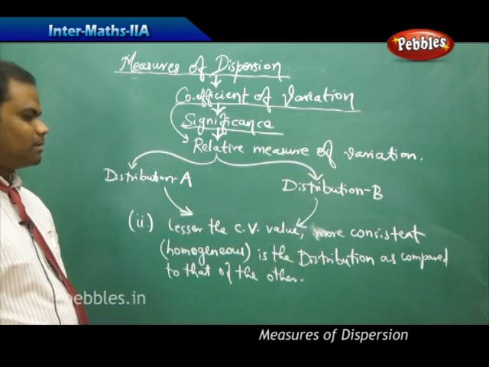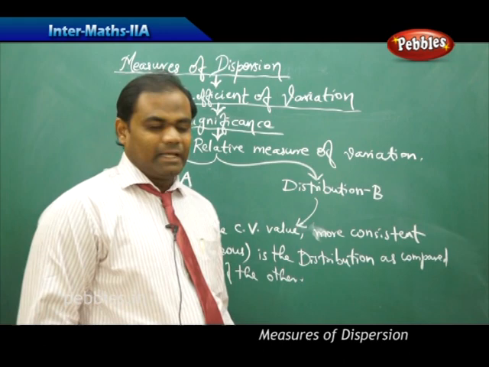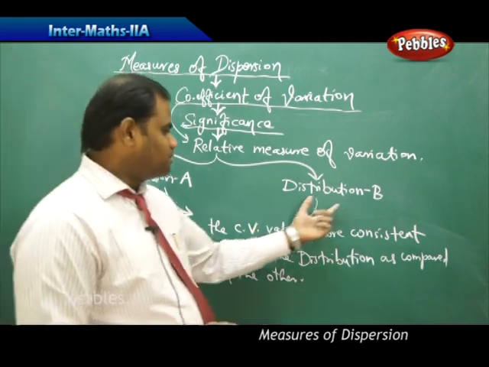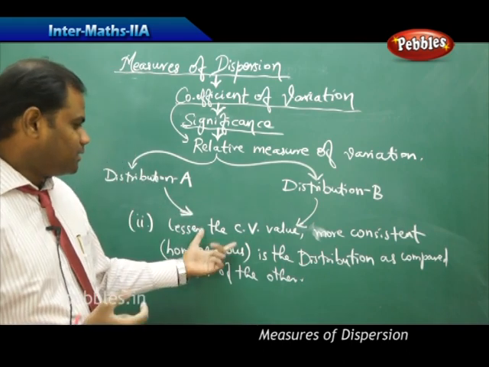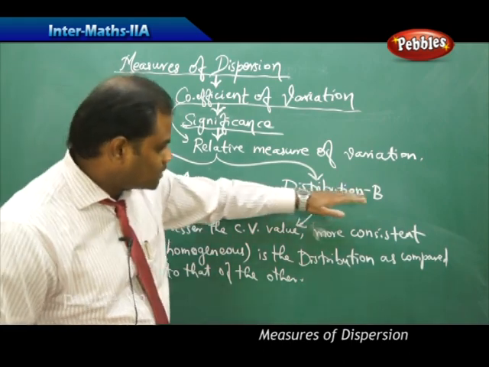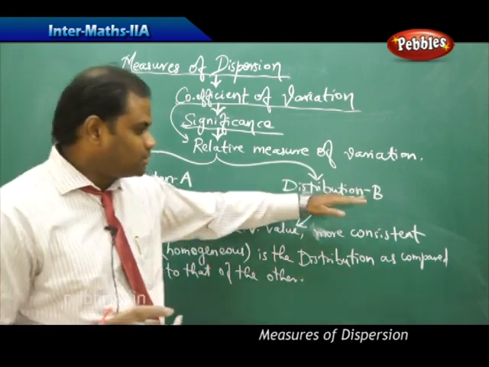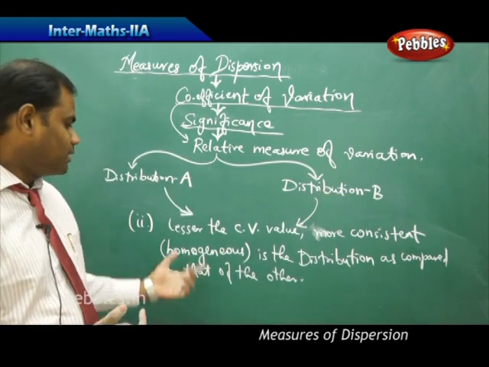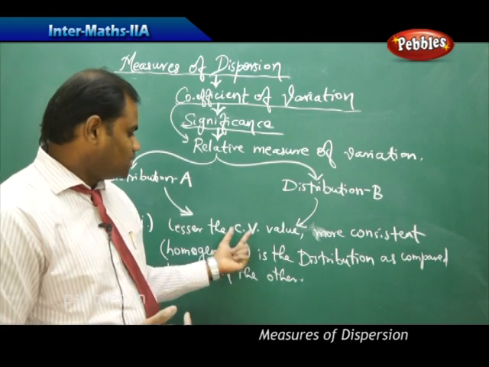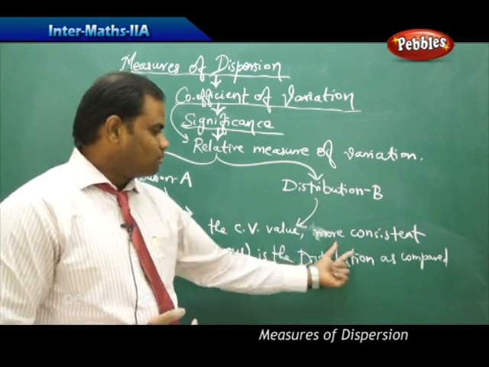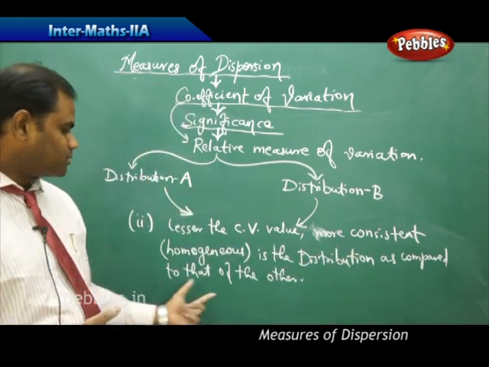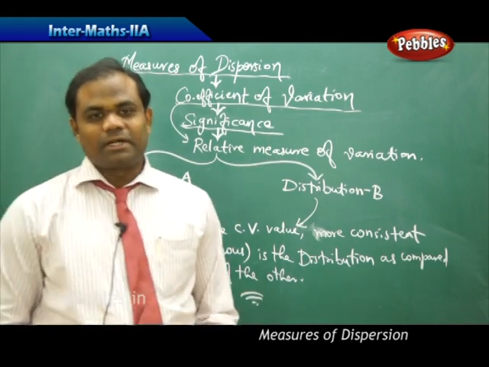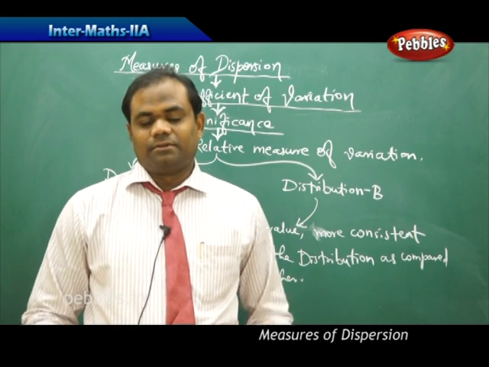Say, for example, my distribution B has less CV value. Then distribution B will be more consistent, or more homogeneous, which are inversely proportional. Therefore, lesser the coefficient of variation value, more consistent is the distribution as compared to the other distribution which we consider in relativity.